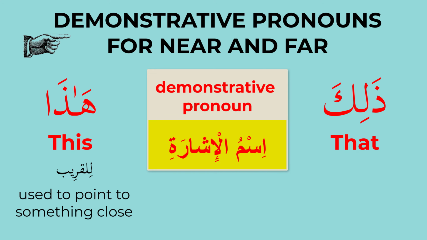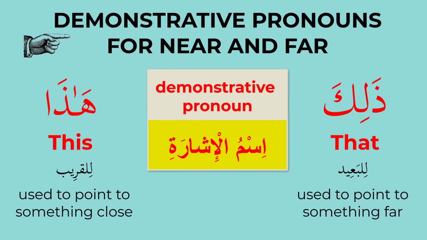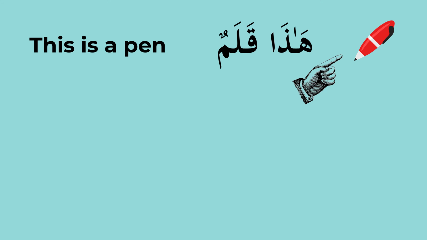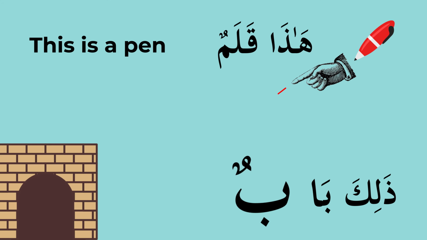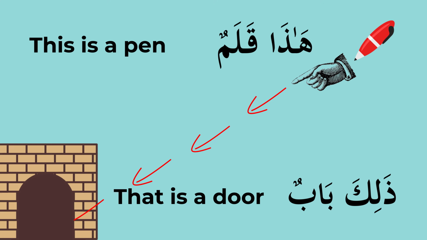And zalika ismul ishara lil ba'id, for far things. Haza qalamun, zalika babun. So when I have to point out something which is far, you just use zalika.